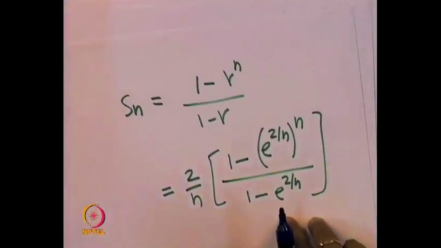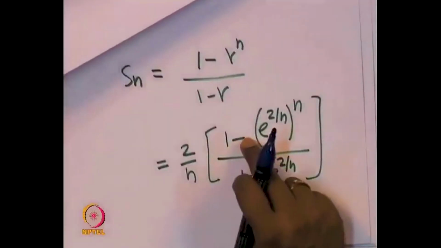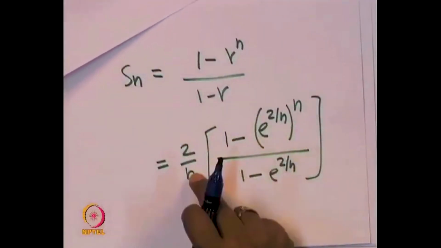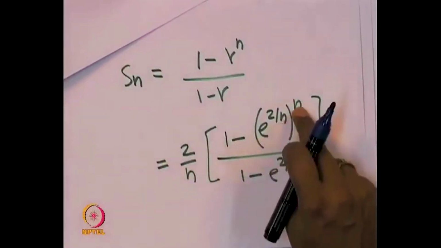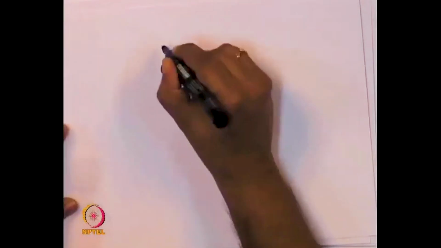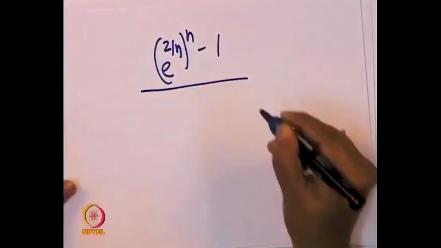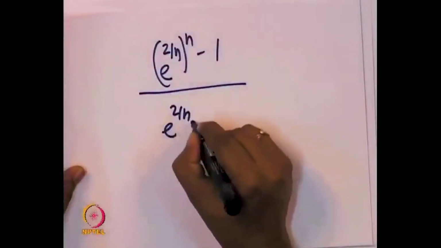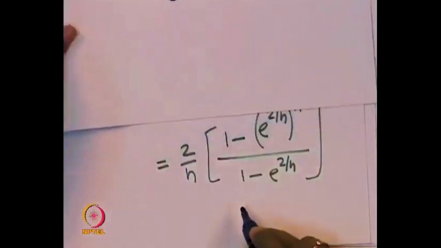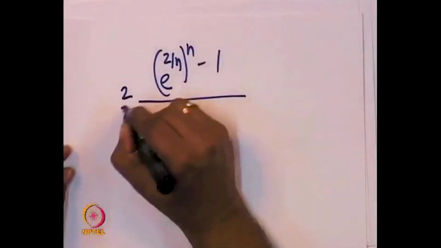Let me take the minus sign out from the numerator and the denominator. I can write this as ((e power 2 by n) whole power n minus 1) divided by (e power 2 by n minus 1), with a 2 by n here.